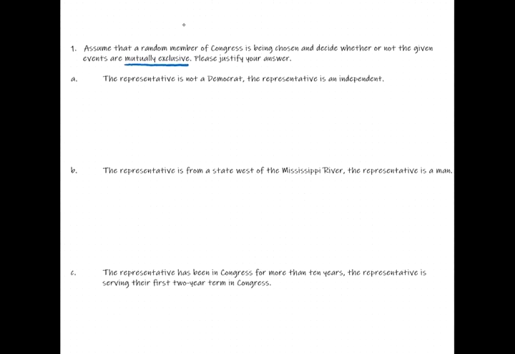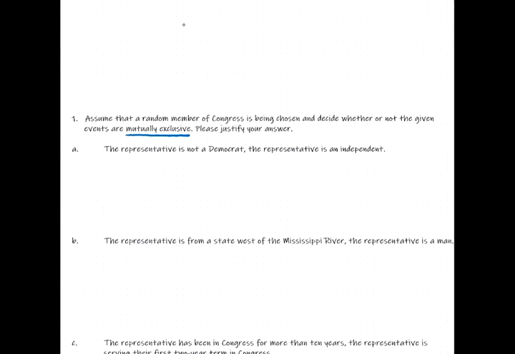Now remember, two or more events are mutually exclusive. Also, another term for mutually exclusive is disjoint. So these two terms are interchangeable. Disjoint and mutually exclusive, they mean the same thing.